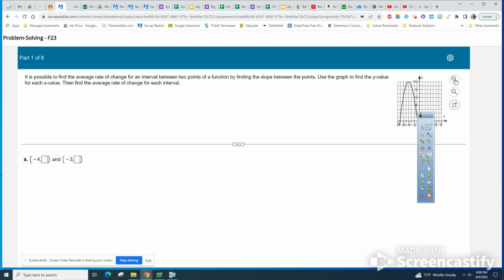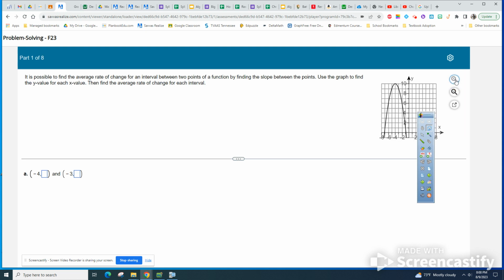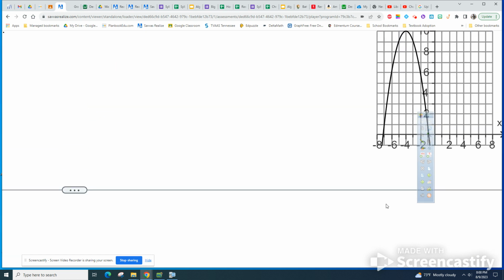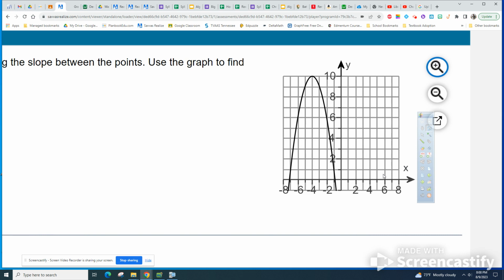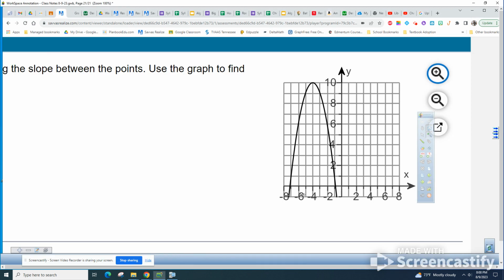Okay. So it's giving us 2 points to finish off. I guess it's saying the interval from -4 to -3. So we got to go find where -4 is. It would appear that -4 is hitting right here at -4, 10.